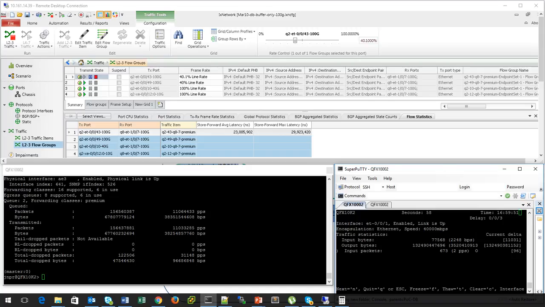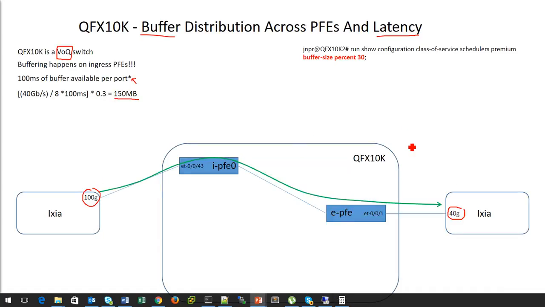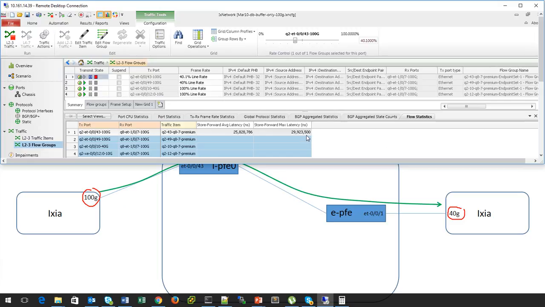So now if we go back to our slide, this number is very close to 30, because we said we should expect 30 milliseconds of delay. And sure enough, Ixia agrees and says that it's around 30 milliseconds. We are in that ballpark, so far everything is good.